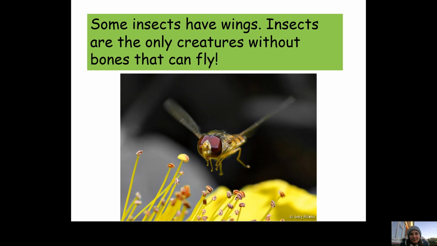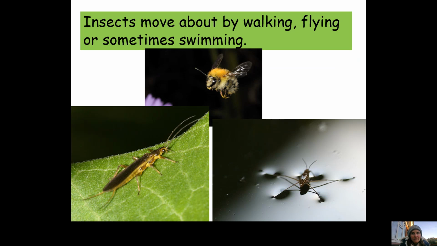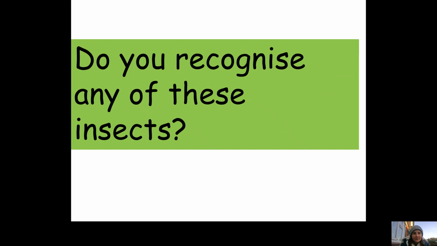Exactly, birds. Birds have a backbone, they're vertebrates, and they can fly. But insects are the only invertebrates without bones that can fly. So insects move about by walking, flying, or sometimes swimming.